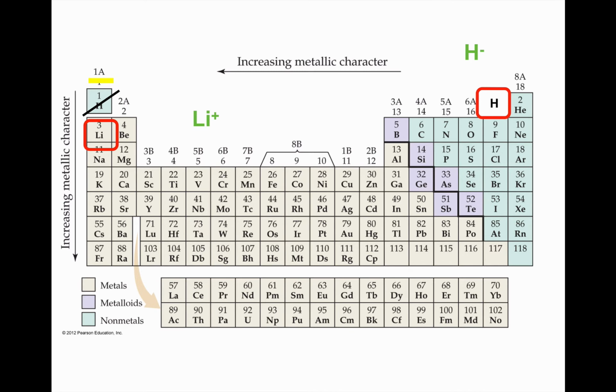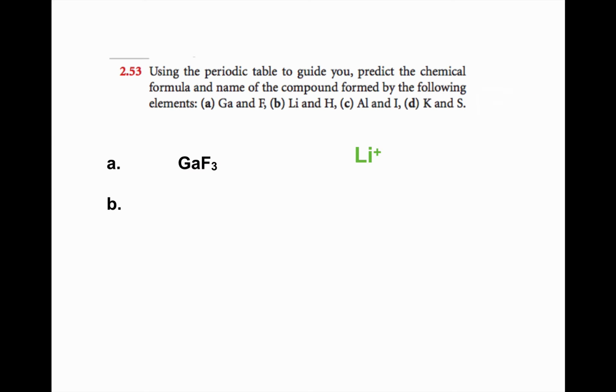So it'll take one electron away from lithium to become hydride. Lithium ion and hydride anion make lithium hydride. And it's the same for the others. We look at the position on the periodic table as to how many electrons you lose or gain, and we make sure that we have the number of positives to negatives so they cancel each other.